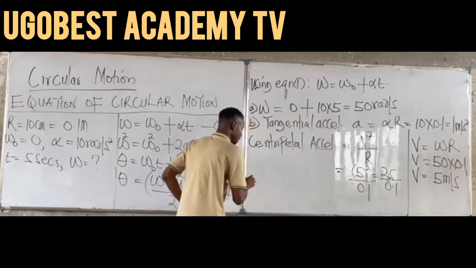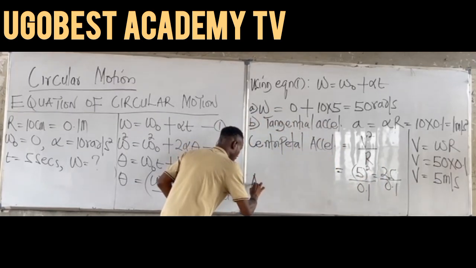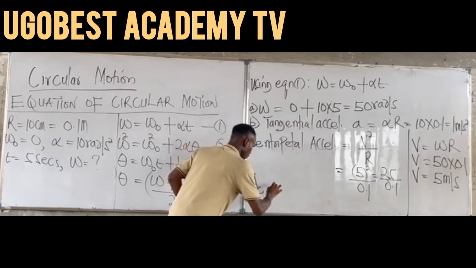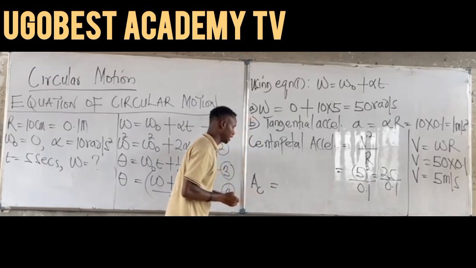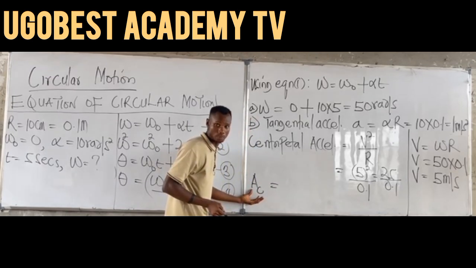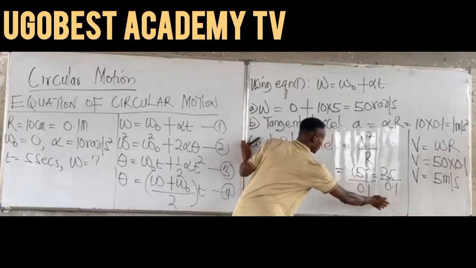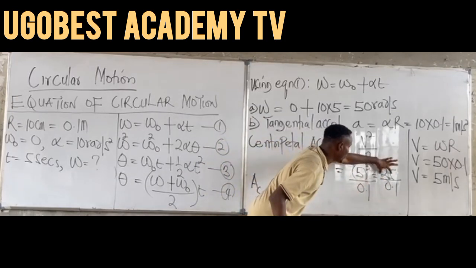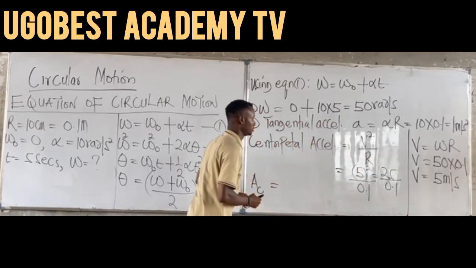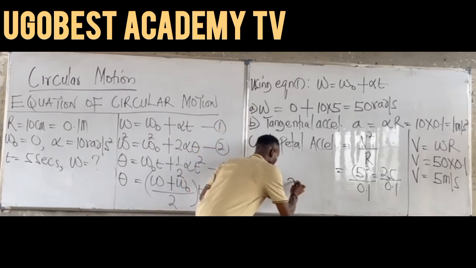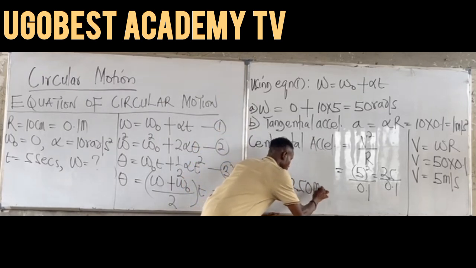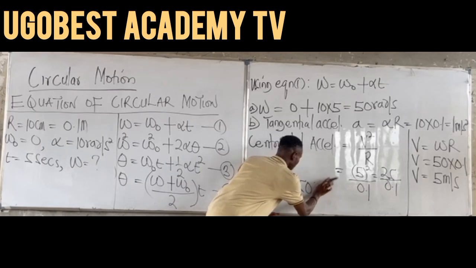So our centripetal acceleration here, that is AC, will be equal to, we are taking AC as centripetal acceleration, please take note, 25 divided by 0.1. This is going to give us 250 meter per second squared.